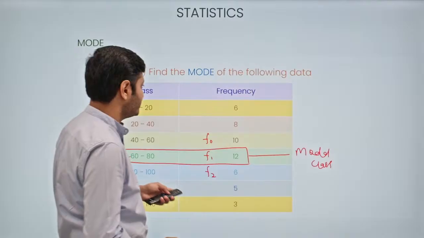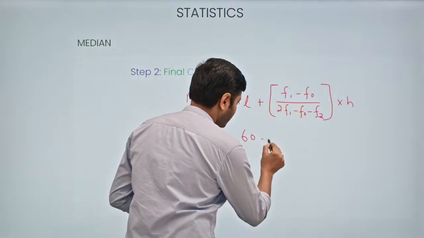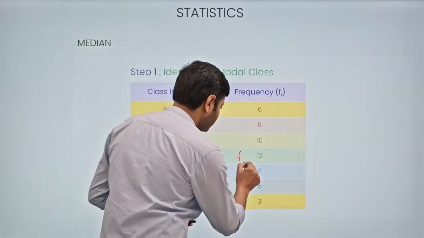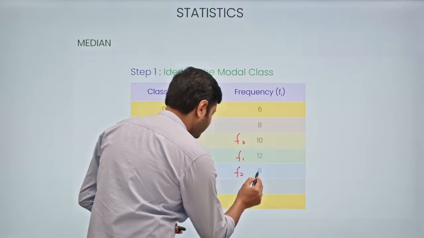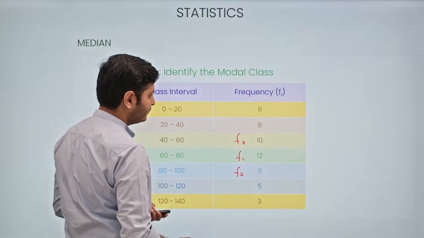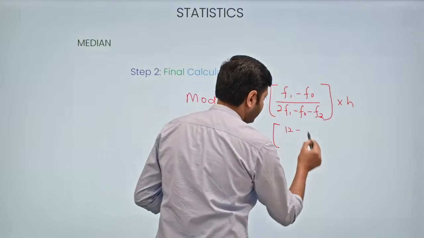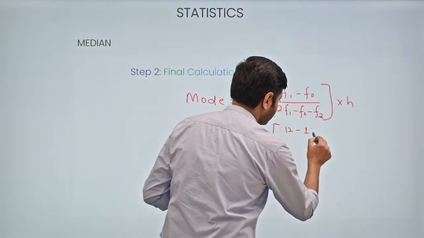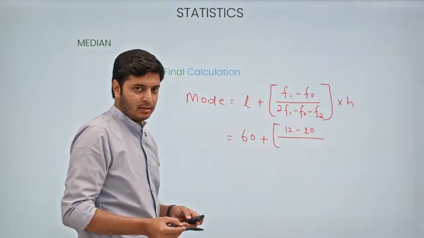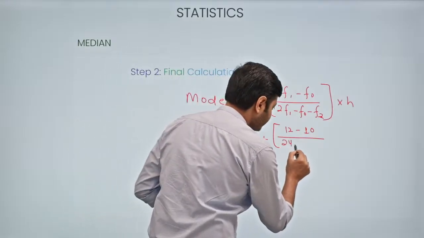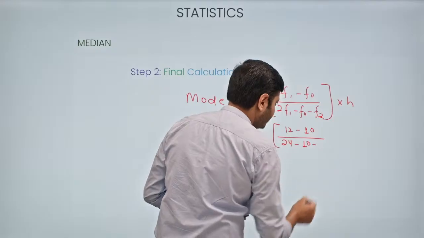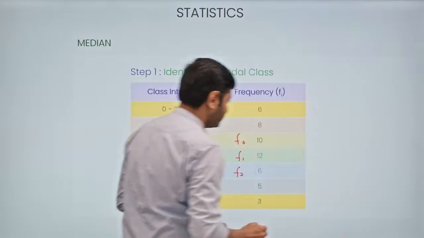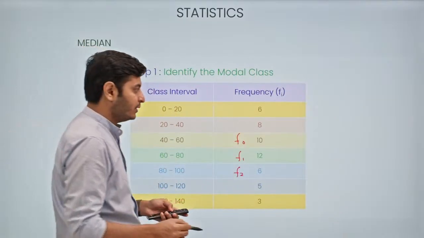So L is 60 plus F1 is 12, minus F0 is 10, divided by 2 into F1, that is 2 into 12, 24, minus F0, 10, minus F2, that is 6, and into H, H is 80 minus 60, that is 20.